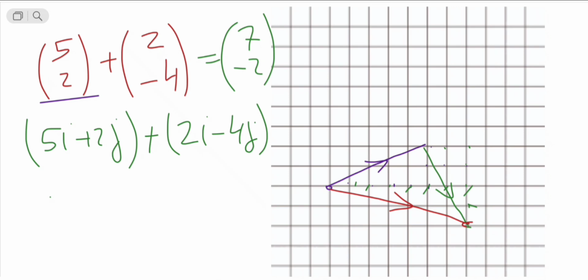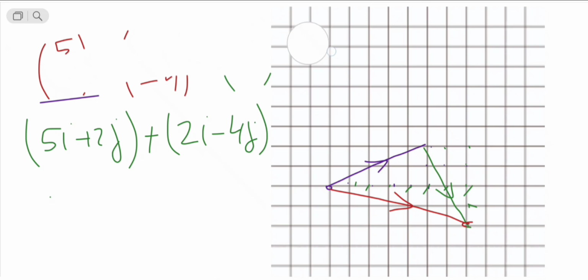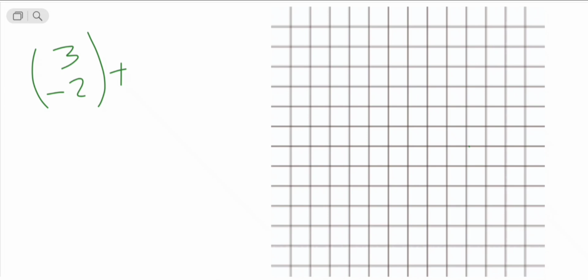We will do one more example to understand more about it. Let's see. There is a question. For example, they gave us a question: 3, minus 2 plus 6, 5.